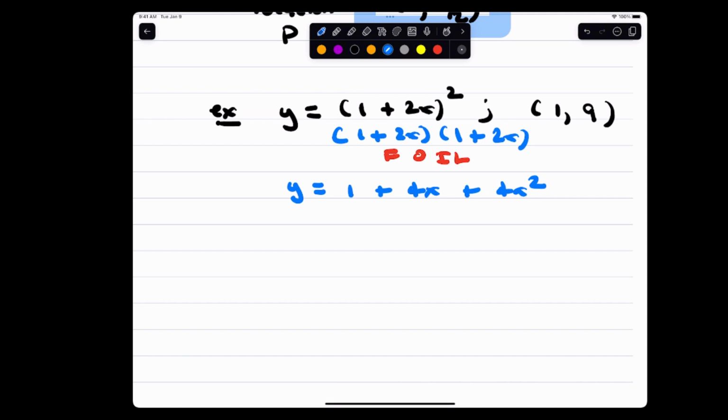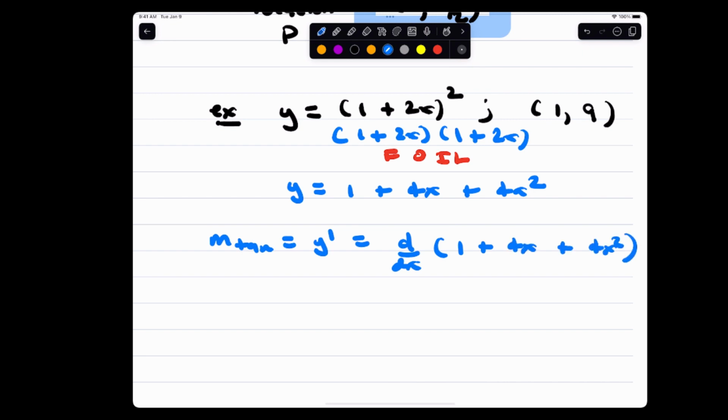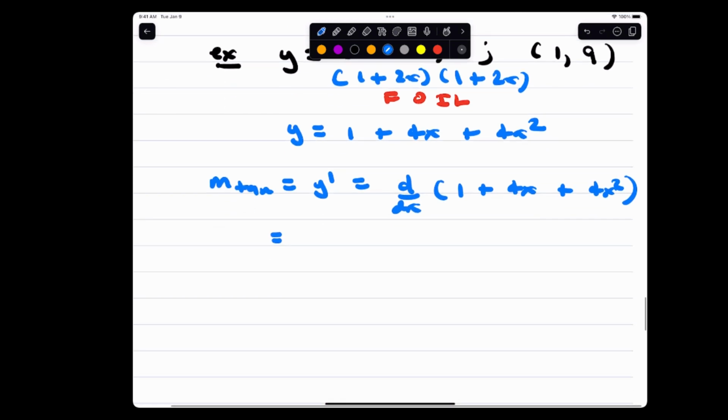In the future, yes, there would be a little bit easier way to do this. So now m tangent is going to be what? Y prime. Let's take the derivative here. Do you guys know the derivative of this? What's this derivative? Isn't that going to be, you go through every detail.